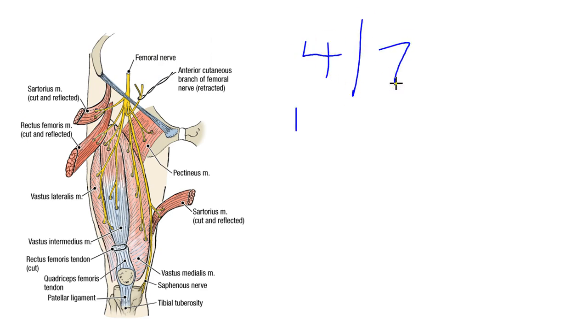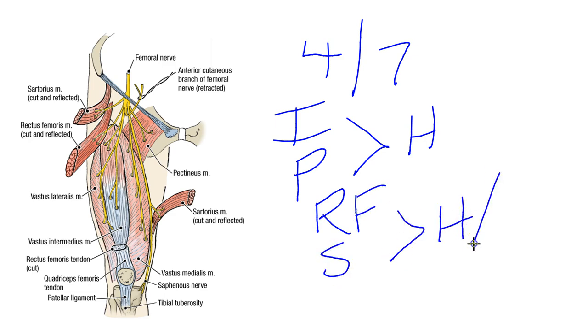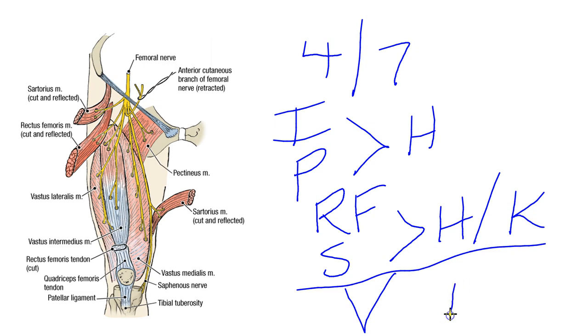We have iliacus and psoas, which only cross the hip. We have rectus femoris and sartorius, which cross the hip and the knee. And then the vastus muscles which do not cross the hip, but only cross the knee joint.